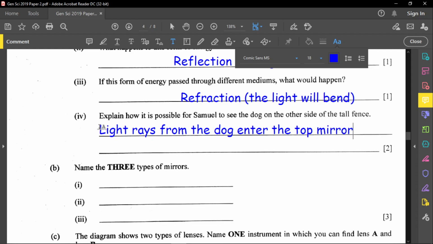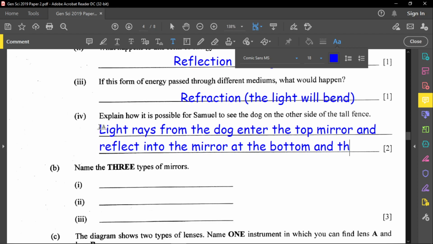So enter the top mirror, and reflect into the bottom mirror, or into the second mirror, into the mirror at the bottom, and then into his eyes. All right, great. So it moves from the dog into the top mirror, then into the second mirror, then it will reflect into his eyes.